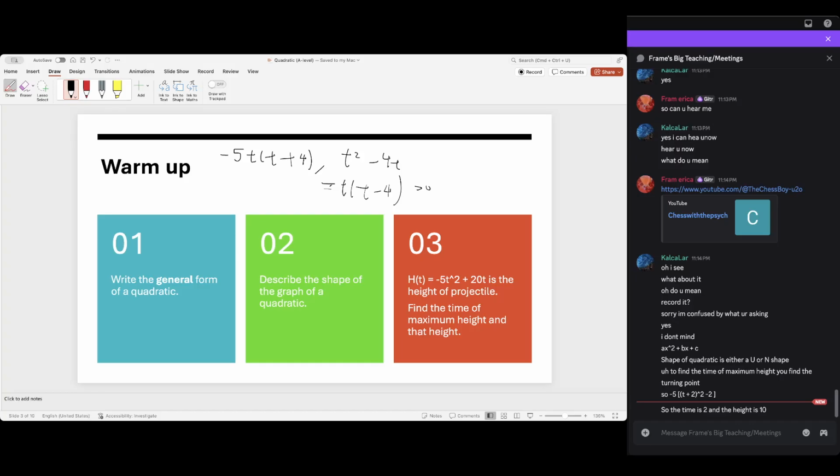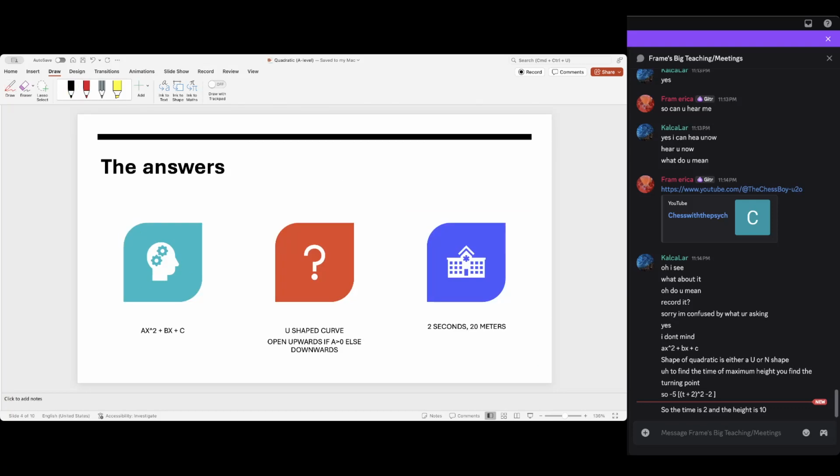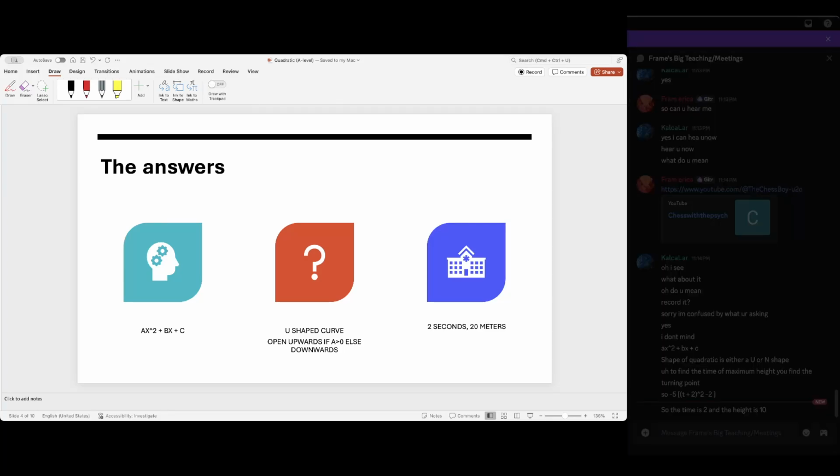However, we can see t, which you did get. We see the time.